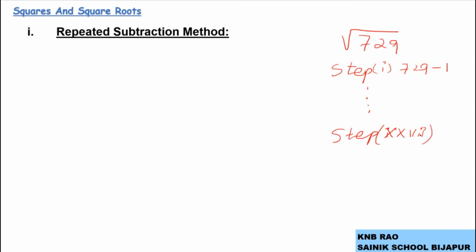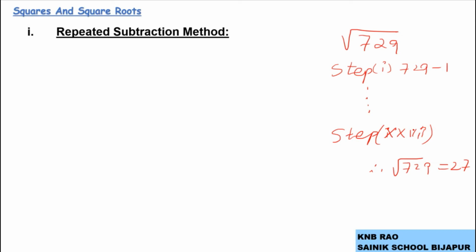Because only there you will get the 0. Why? Because root of 729 is 27. Remember students, it takes all of your time to find it in this way. So if the number is bigger, we prefer not to use the repeated subtraction method.